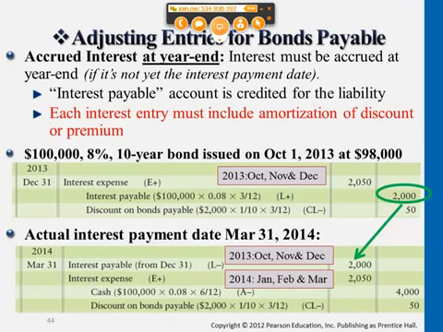It will still be face value $100,000, still interest rate 8%, but only for 2 months because we only have whole November and December. So we're doing 2 months of interest accumulation. We still have interest payable, interest expense, discount on bonds payable, but interest payable will be $100,000 times 8% interest rate times 2 over 12.